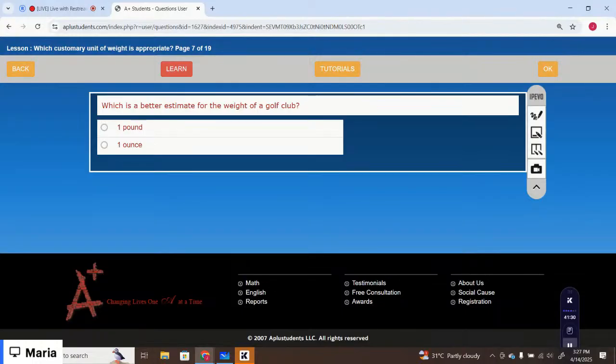Which is the better estimate for the weight of a golf club? That is 1 pound. Option number one is the correct option.